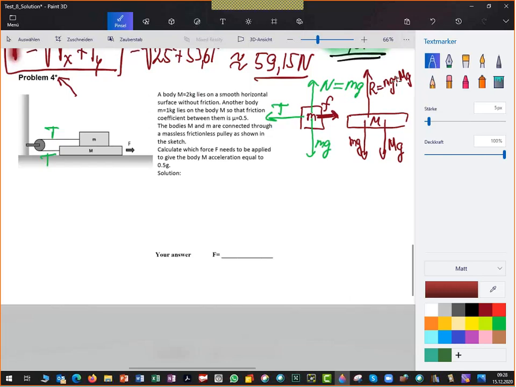What about horizontal direction? Here we also have an interesting combination of forces. On the one hand, there is tension that tries to move this body to the left. We have our pulling force, F, which tries to move it to the right. And please don't forget, there will also be a friction force in your system. Maybe somebody can comment.